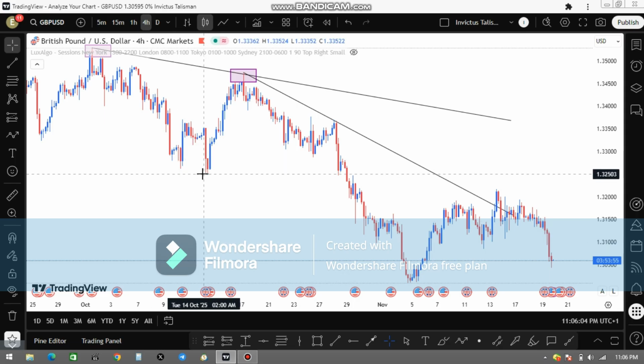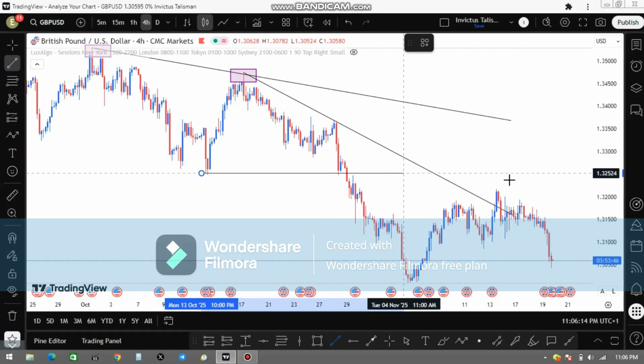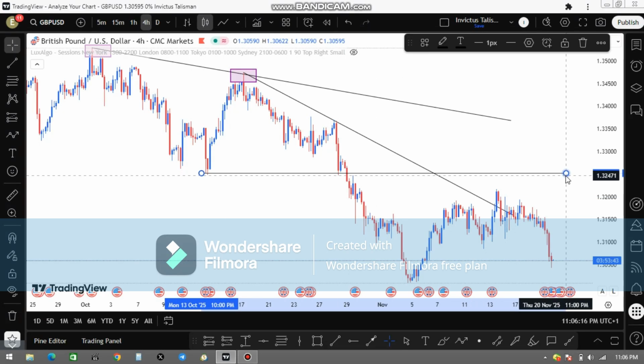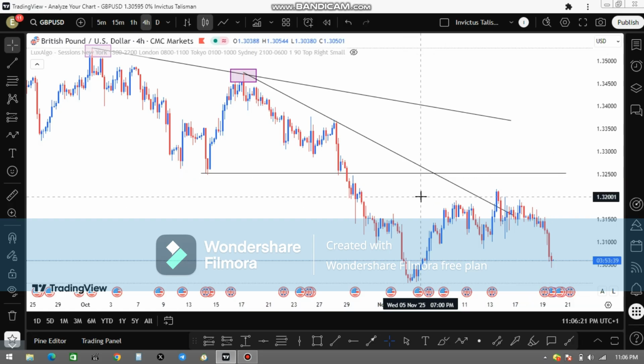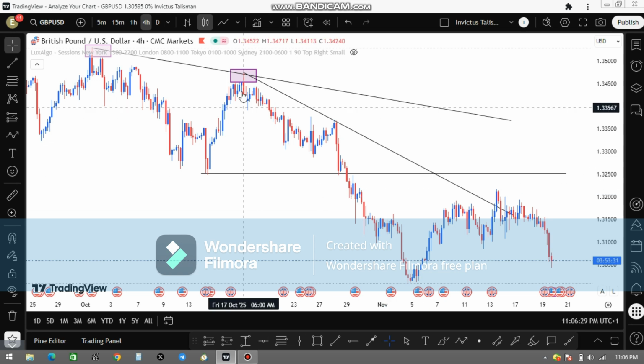So we can do that by using this right here. These are previous resistance we are waiting for price to come back to. And currently I'm not seeing any previous supply or demand level on this high.